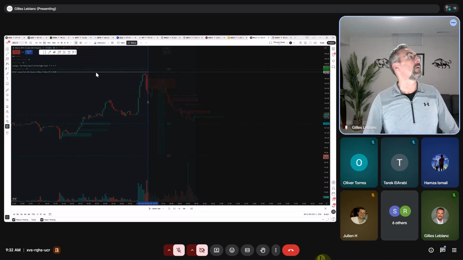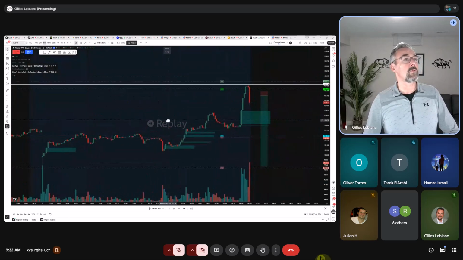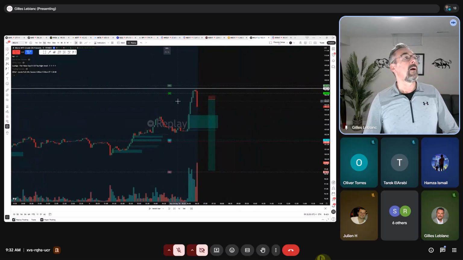I'm on the 5-minute time frame. So this is what I was seeing live. Oil was going up with lots of volume, and then all of a sudden there's a massive drop. So this is an impulse move. So this is what I did here. Let's move up a couple candles on the 5-minute time frame.